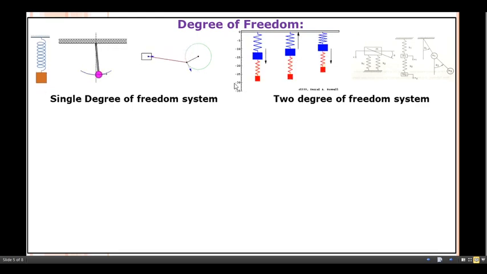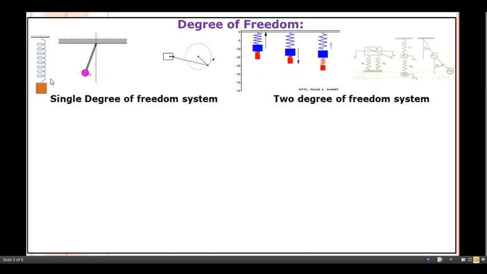Before moving to the next point, just see the single degree of freedom system. As we have discussed, a system is said to be an n degree of freedom system if it needs n independent coordinates to specify completely the configuration of the system at any instant.